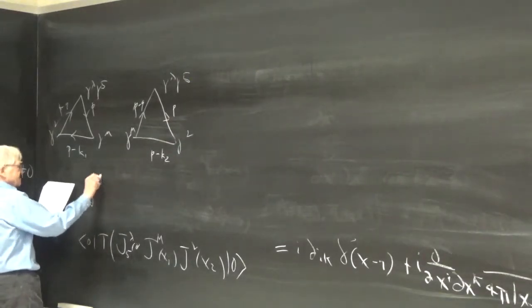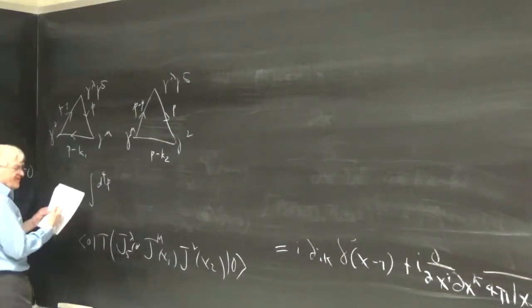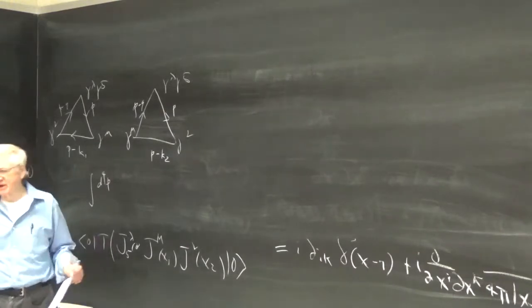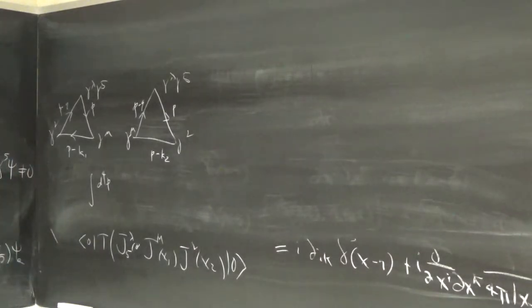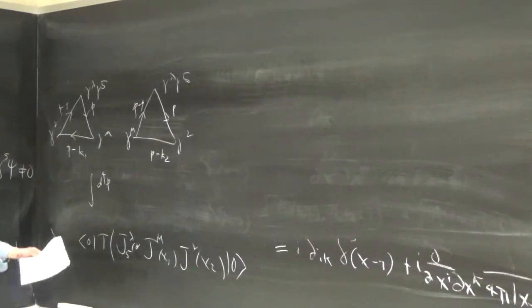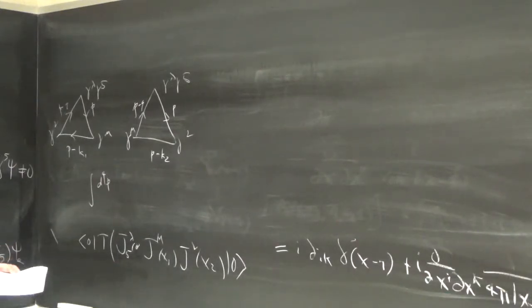It's something like this, d4p. I'm following Zee's book here. By the way, let me just say something. Zee's books are very good. In fact, the ideal way to learn theoretical physics, at least quantum field theory and general relativity, is to use Zee's books and Weinberg's books.